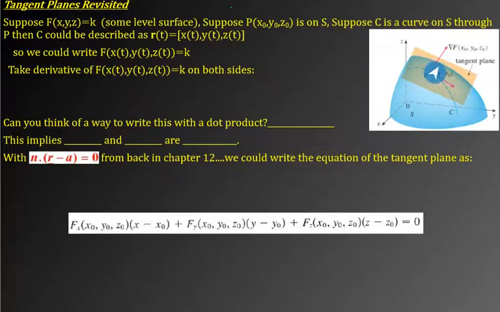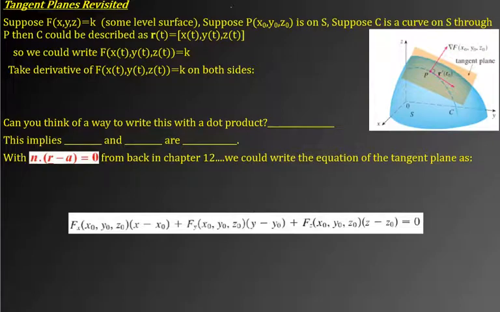So this curve could be a vector valued function, like x of t, y of t, z of t. And if that's the case, we can substitute, and think of this level surface as f of x of t, y of t, z of t equals k. If we take the derivative of both sides with respect to t, we would have to use chain rule.